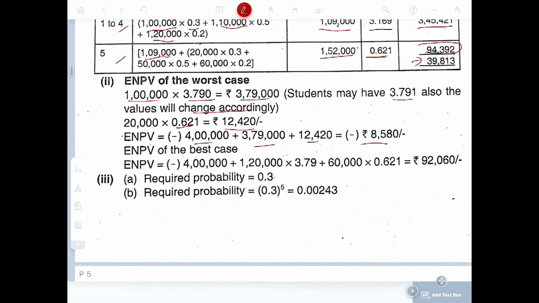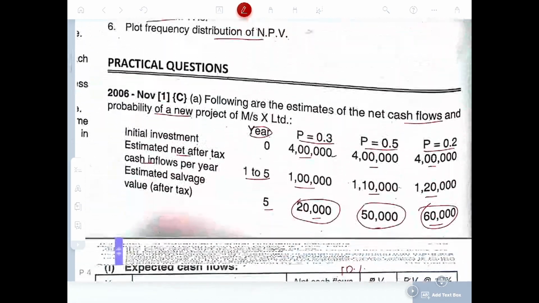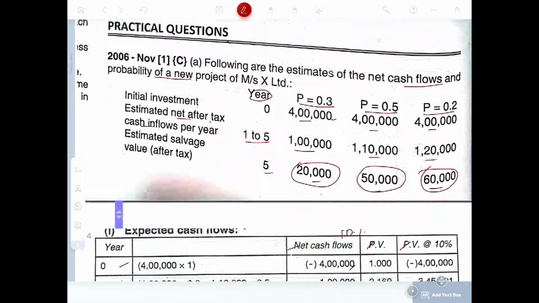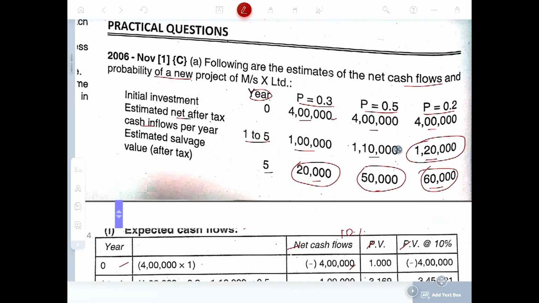In the best case, 4 lakh, and 1 lakh 20,000 into 3.79 is the best case. Probability is 20% for one and 30% for the other.